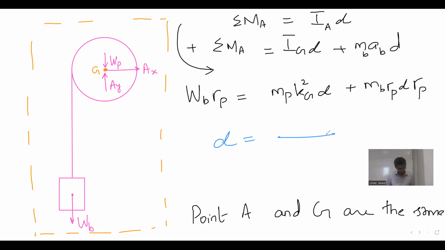What is RP? I will answer your question, if you can give me just 20 seconds. RP is the radius of the pulley. So what I'm doing is I'm multiplying, the AB is R alpha.